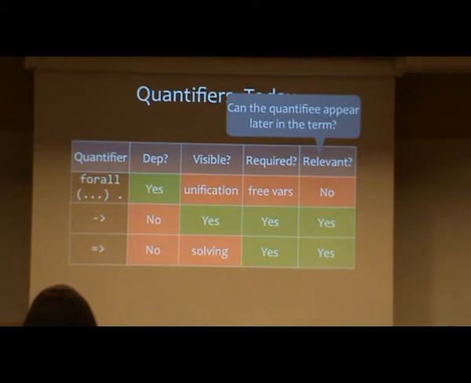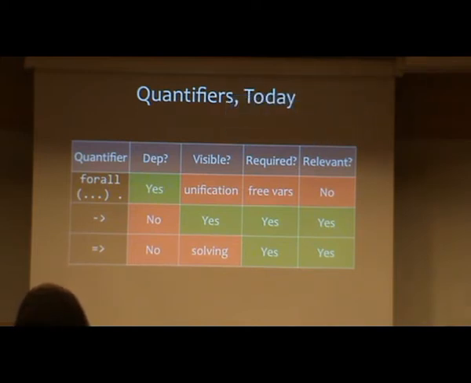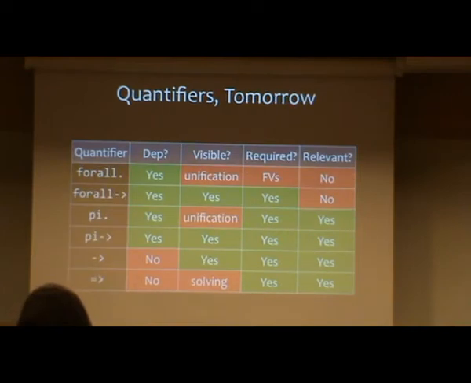The reason that relevance is not exactly the opposite of erasure is that we might want to specify this property one level up. So maybe we want to have a type family that we want to be sure is parametric in its kinds. And so we would want to say that the kind is irrelevant in the type. That's why this is not exactly erasure. But if you want to think of it as erasure, that's okay. Close enough. So that's what we have today.